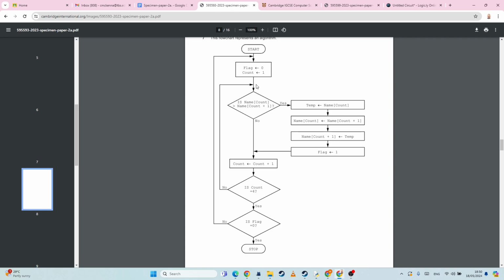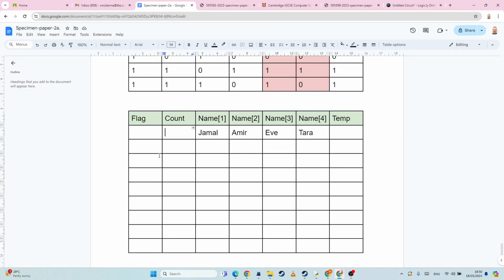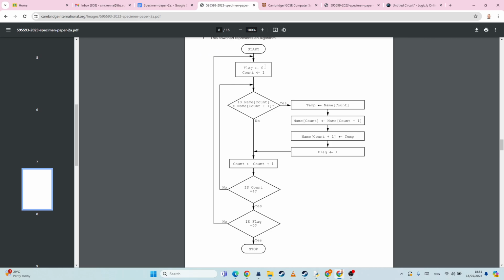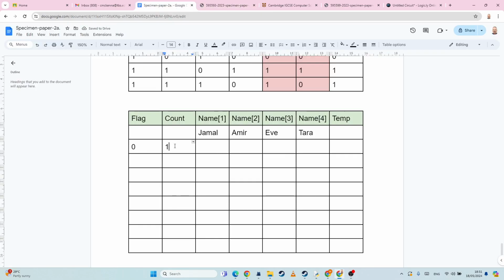Okay, so it's not a hard and fast rule, but let's try it that way. So flag is set to 0 and count is set to 1. Okay, so let's stick that in a new line. So flag is 0, count is 1.